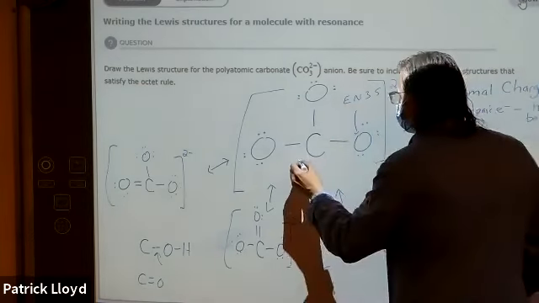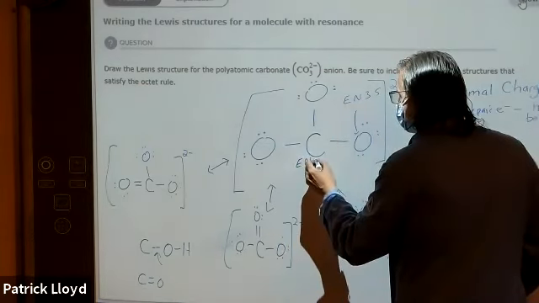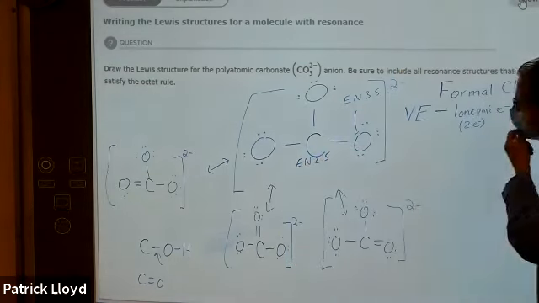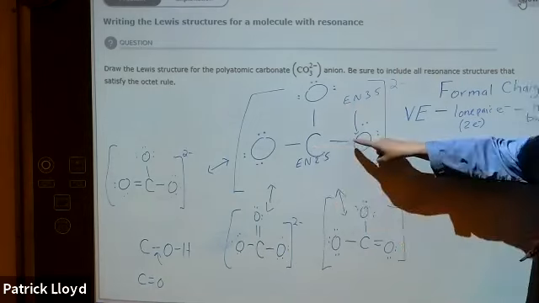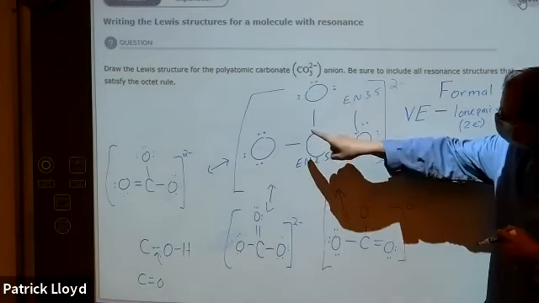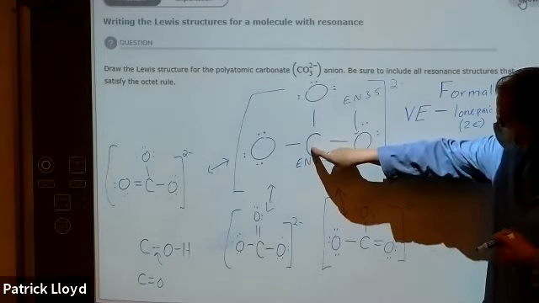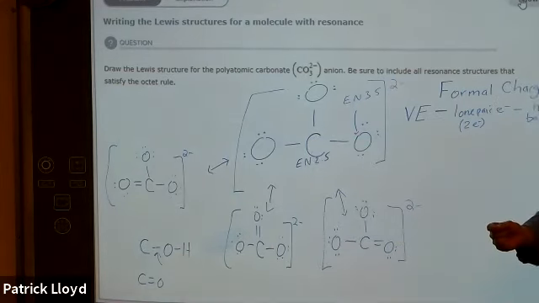Carbon only has an electronegativity of 2.5. So the best Lewis structures are not going to have a negative for the carbon and a positive for oxygen. You're more likely to get a positive for carbon or a 0 for carbon, and then a negative on the oxygen. Okay. So let's take a look.